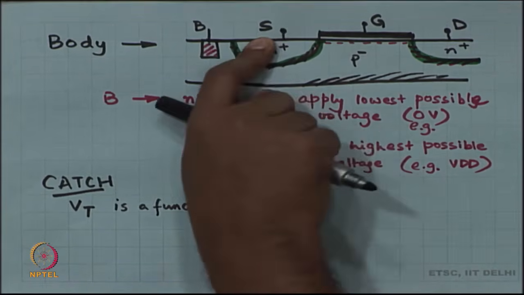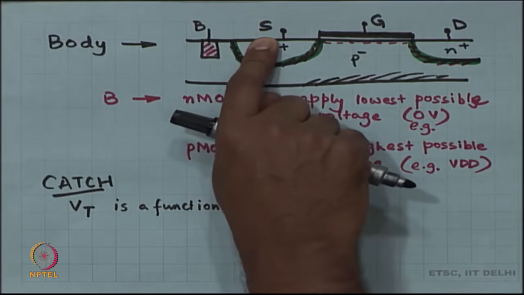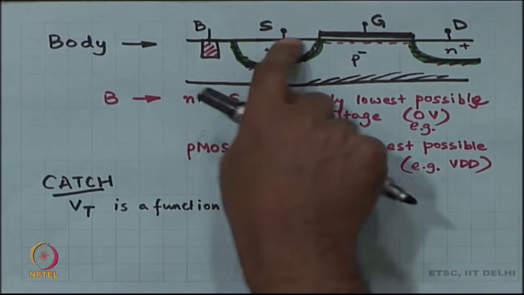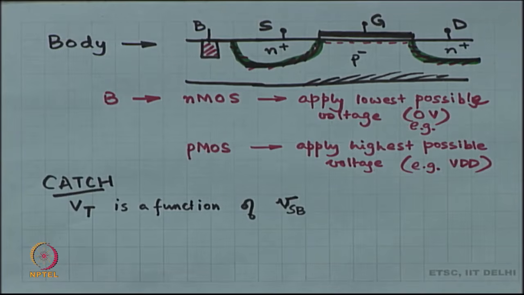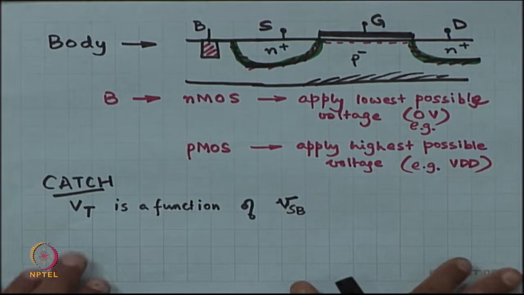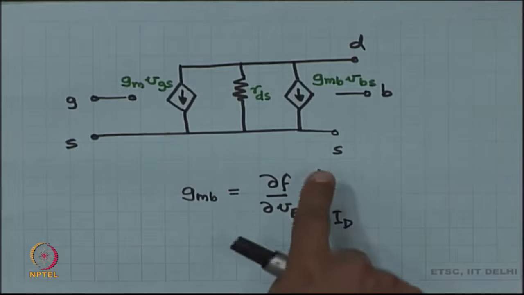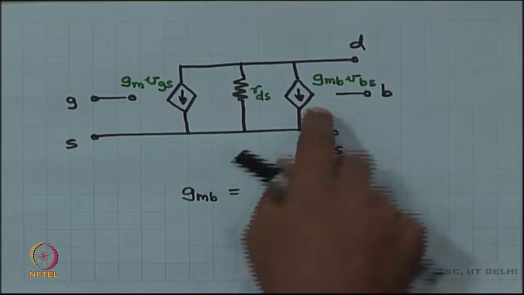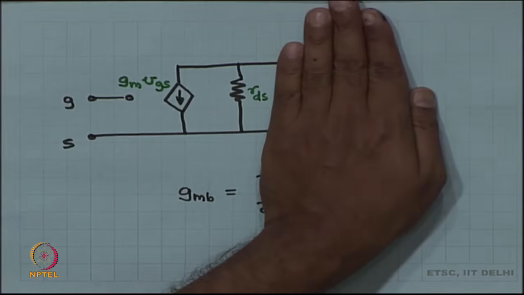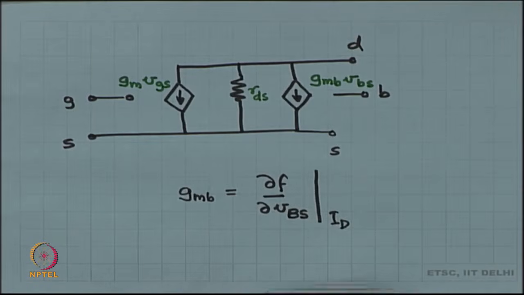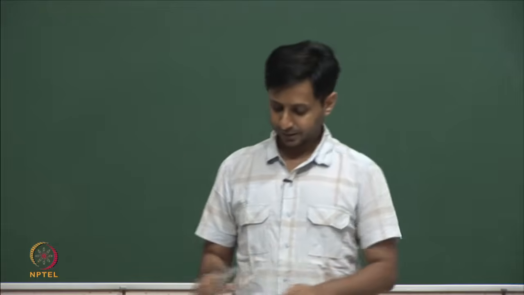But if the source voltage is changing, that automatically means that Vbs will have some small signal, and if that is the case, then we have to fall back to this particular model. This model is not going to work, right. We have to introduce the third component over here. Is this okay? All right.